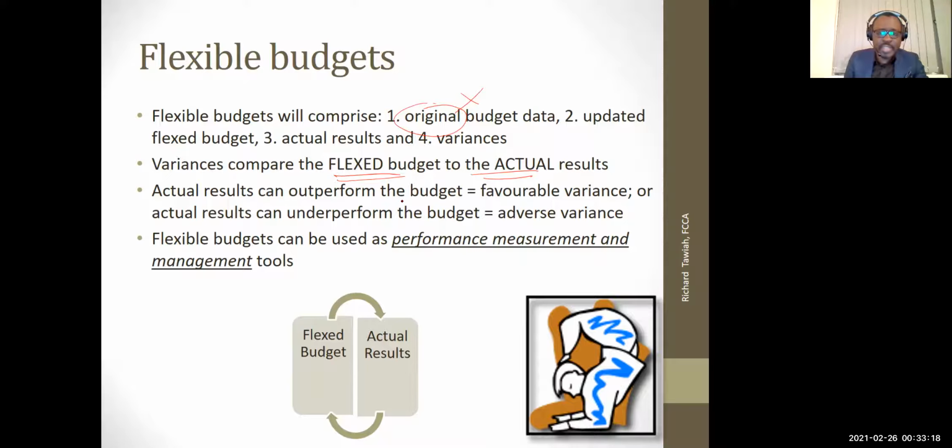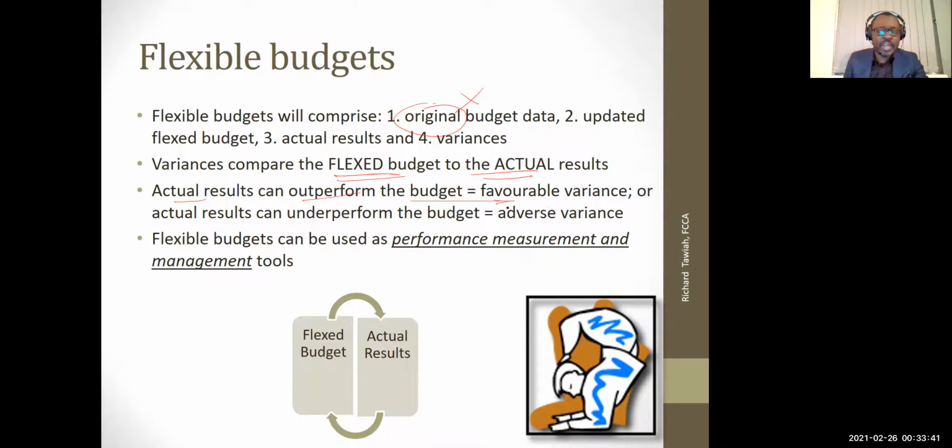So simply that's it. If our actual outperforms the budget, it's favorable, depending. But if actual cost is more than the budgeted cost, the flexed, it's not a good thing. If our actual is exceeding what we budgeted, that's unfavorable, that's adverse.